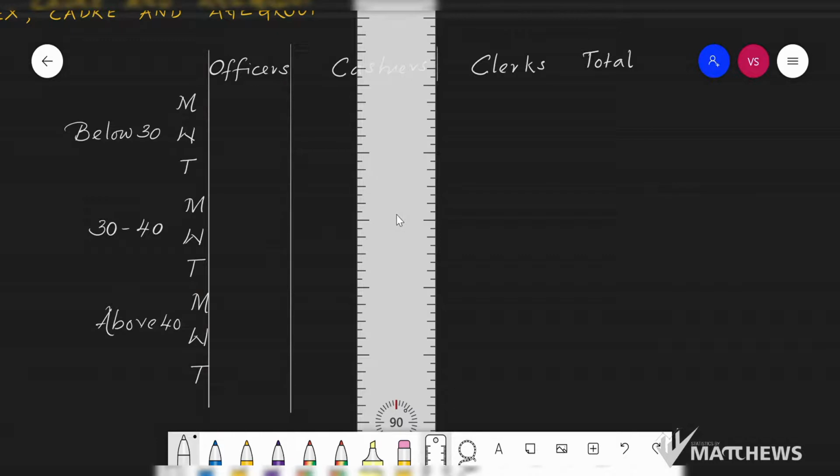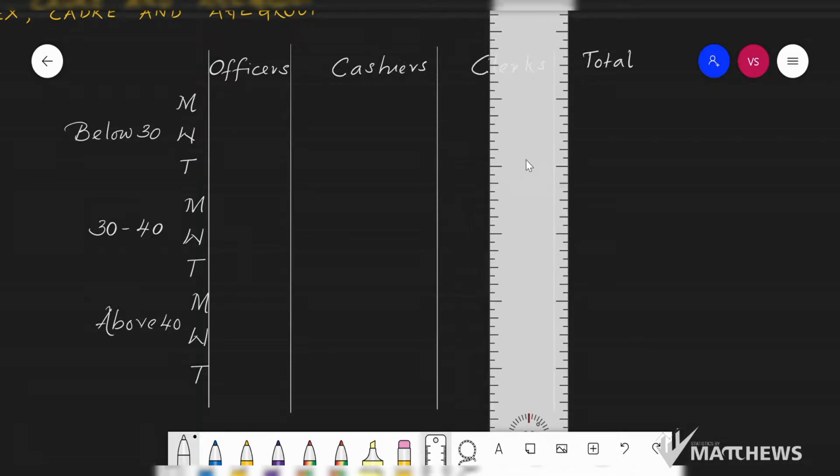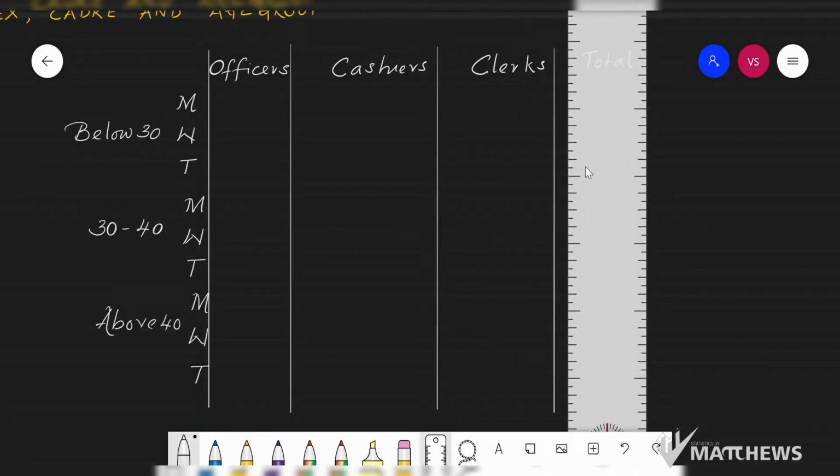See, always make it a point that every row or every column should be of equal width. It will be good. I am right now doing it just roughly. I'm trying to make it a little neat.